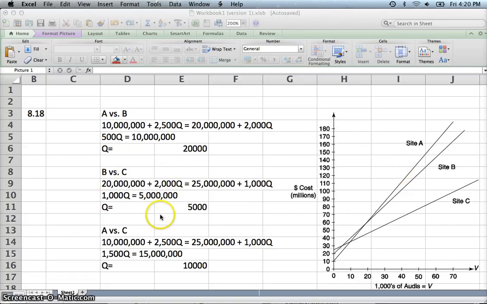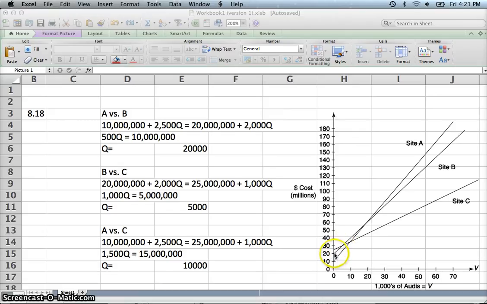When we do the comparison between that second site with its 20 million and the highest fixed cost, site C, at 25 million, once again with a lower variable cost because there's more in fixed cost, we wind up with an amount that's lower than this. Think about it this way: if we didn't have site A and you were just comparing B and C, then that would be 5,000.